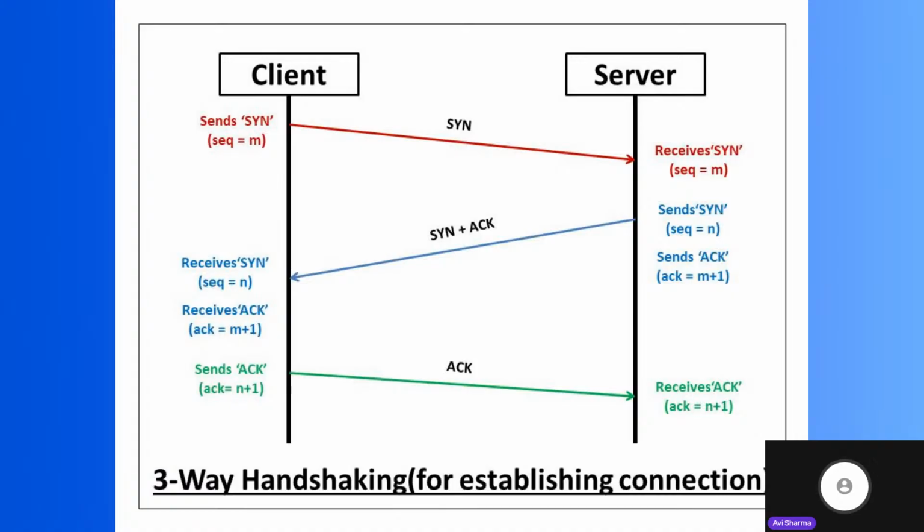SYN ACK request means your SYN request is acknowledged, right? It could have just sent the SYN request and then sent back the ACK request. But the three-way handshake is important because the server first sends the message that I have acknowledged that you have sent this request, and then connects to the server.